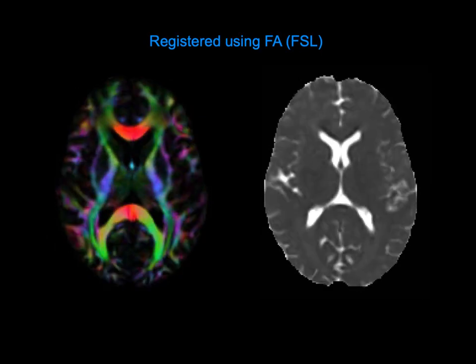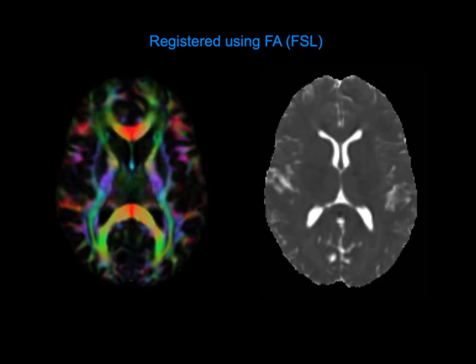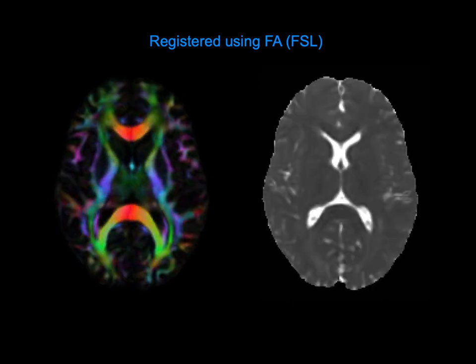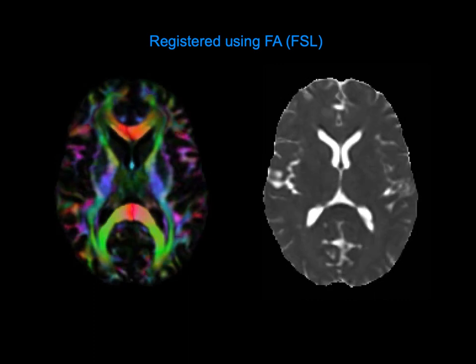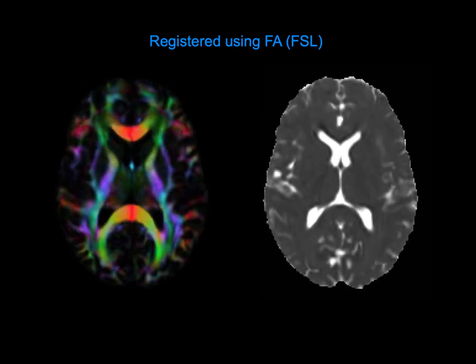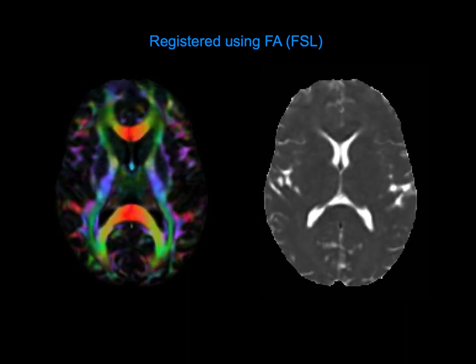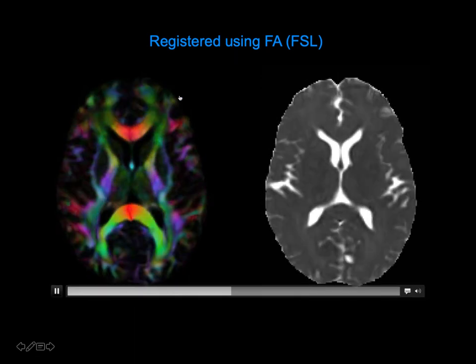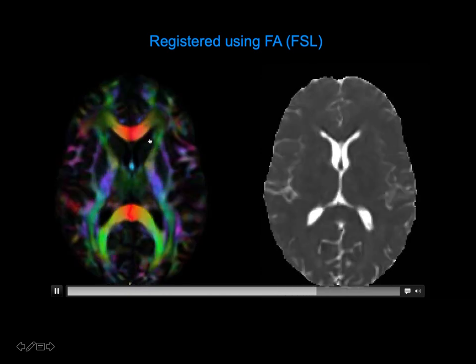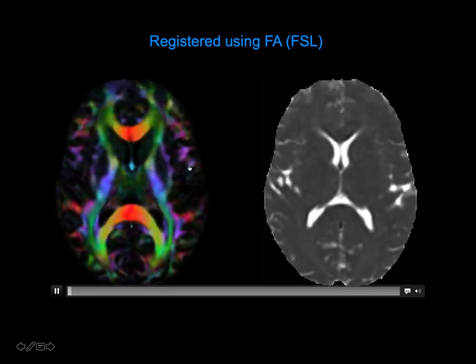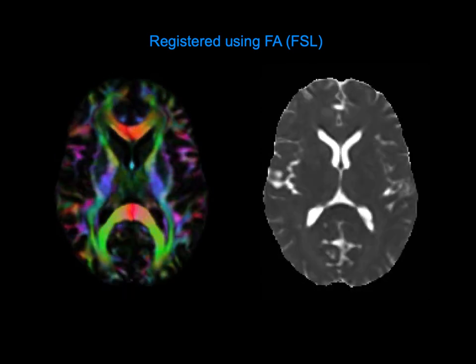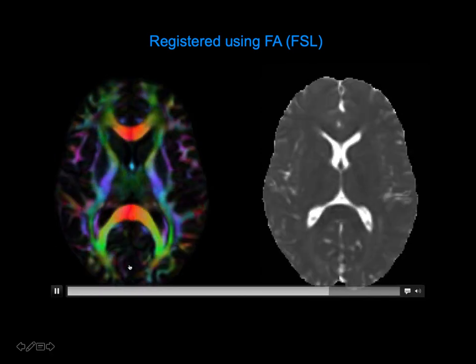So if we use the fractional anisotropy, so essentially if we use an anisotropy metric to perform the registration, which is actually what the most popular software for analysis of diffusion data, FSL, does, you do a registration using FA, you see that you get rid of a lot of variability in morphology across these brains.